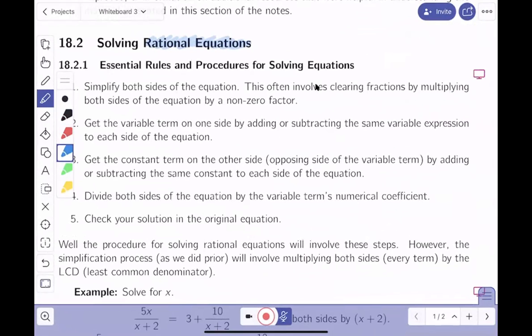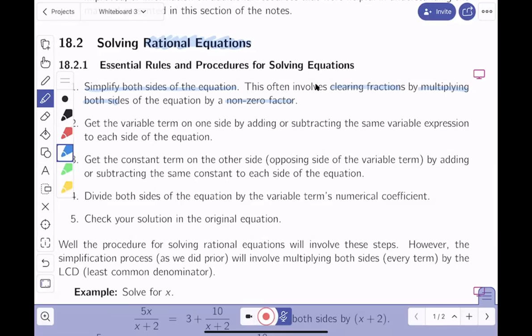We have been doing that since day one. This often involves clearing fractions by multiplying both sides of the equation by some non-zero factor. What's a non-zero factor we generally use? The LCD.